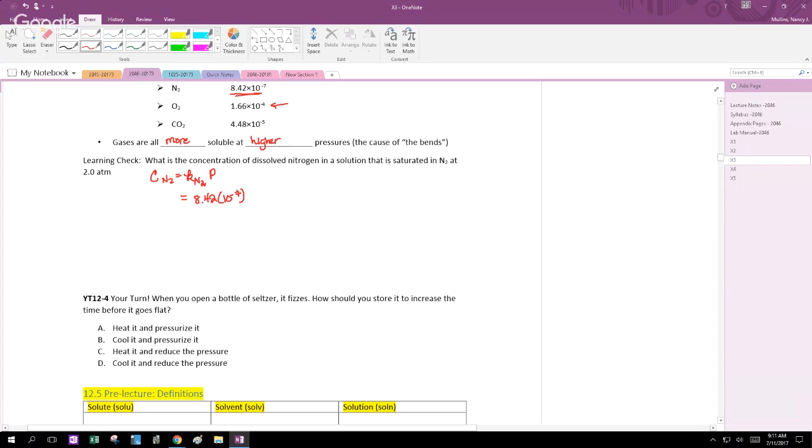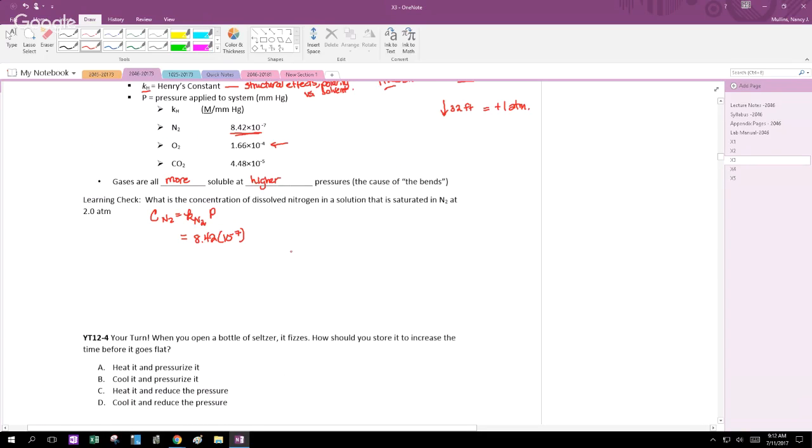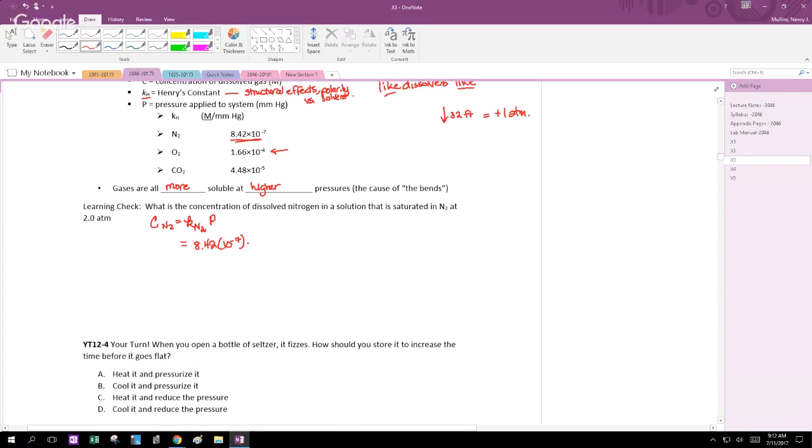Now pay attention to units. That's the only thing in this section you need to be careful with. It's molarity per millimeter of mercury. Our pressure was 2.0 atmospheres. And we know that for every 1 atmosphere, there's 760 millimeters of mercury. So it's a simple substitution.